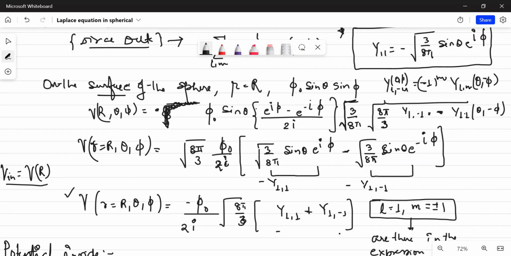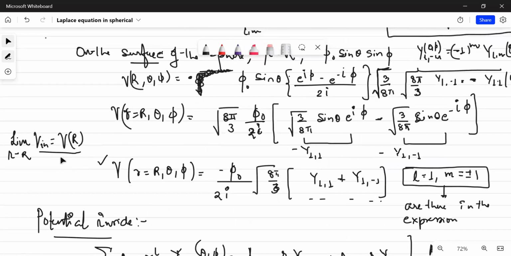Is that clear? Now, see what I'm trying to say: I have to find the potential inside, and the potential is a continuous function, so on the boundary too. V inside, in the limit r tends to capital R, should be equal to the potential on the surface of the sphere.